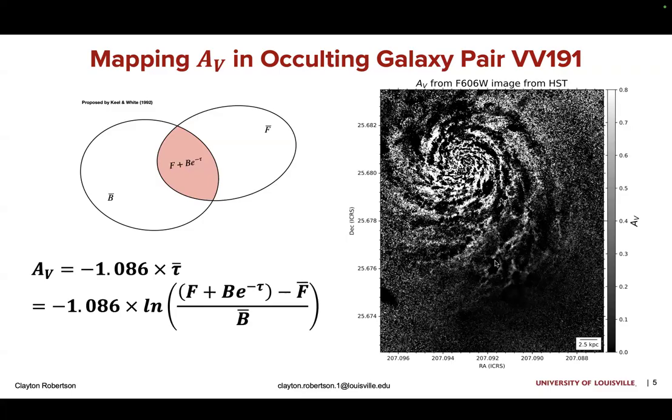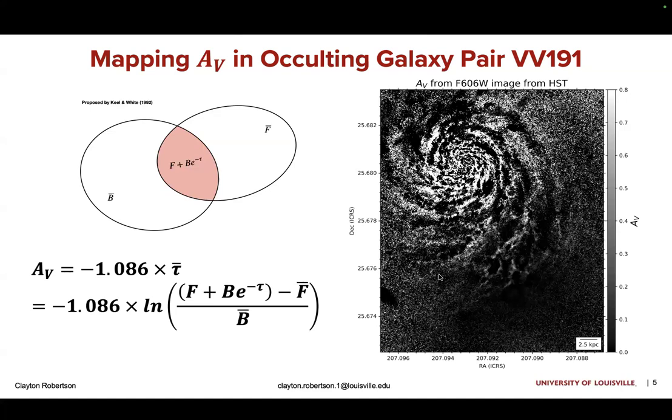Therefore, the attenuation measurements can be inferred throughout the entire galaxy, even though they are actually for the overlapping region itself. And that's what makes VV191 a pristine, opportune candidate for occulting galaxy pairs.